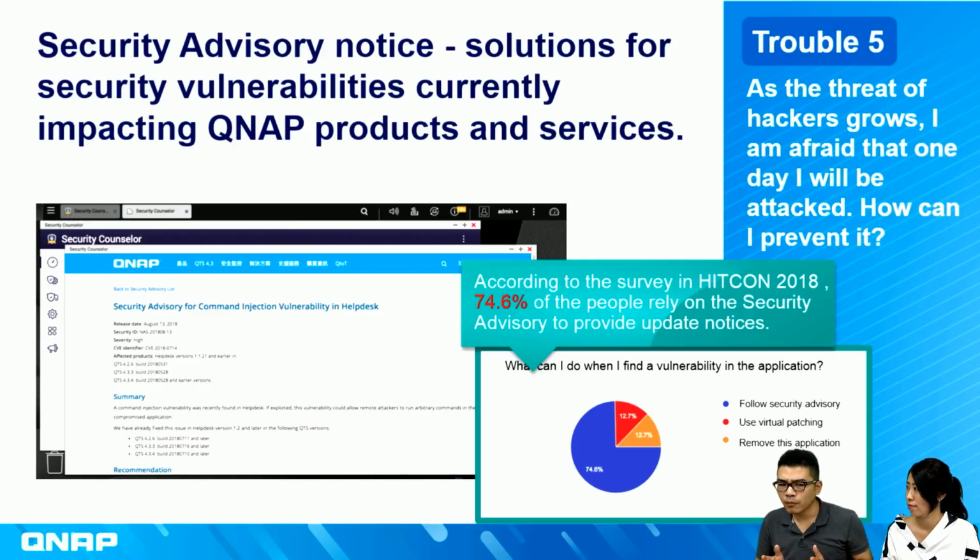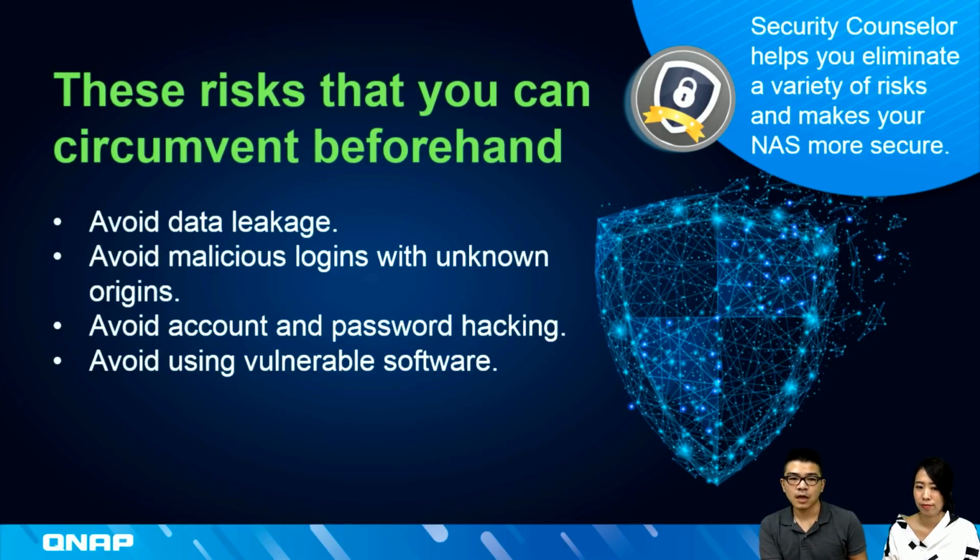Whenever we have a new advisory coming up, we will also release a new firmware or updated applications, like a patch. So once you have received the notification, we strongly advise you to upgrade your firmware to get the best security protection.